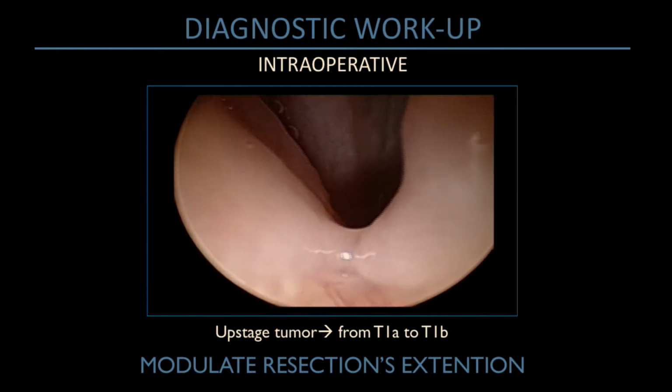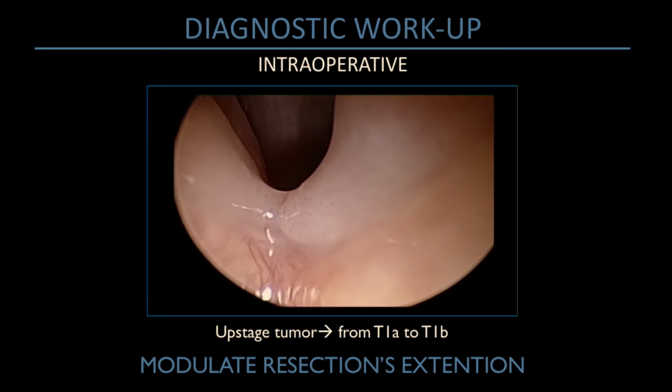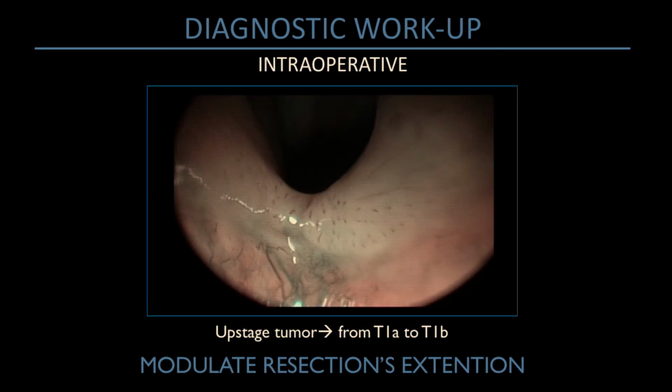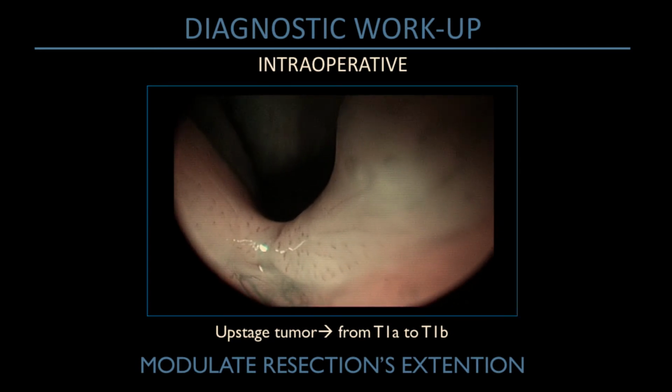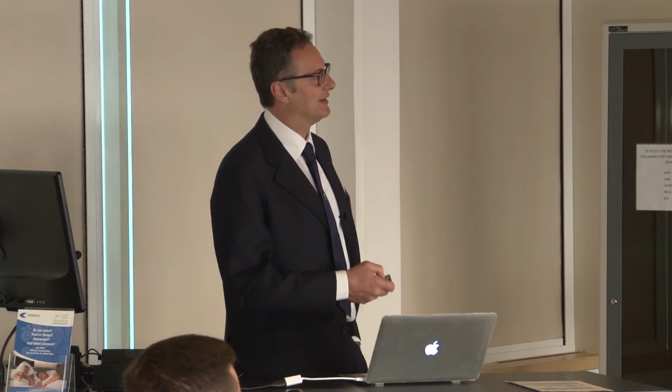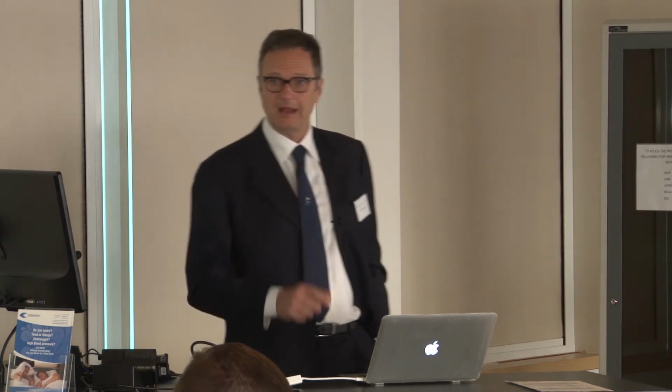But with the 120-degree from the subglottis, you can see that the two lesions come together, join together. So this lesion was upstaged after this visualization from T1a to T1b, because there is a bilateral involvement of the vocal cord.